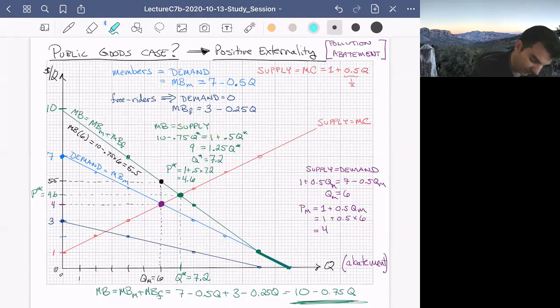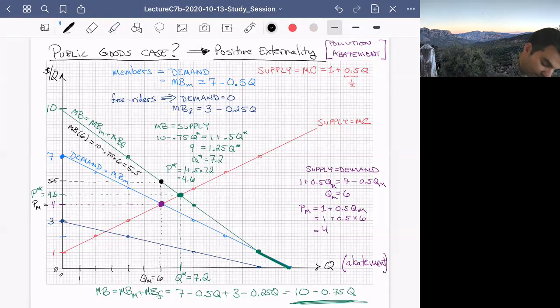So let's look at the market equilibrium. At the market equilibrium, I can say what is the consumer and the producer surplus. Remember that PM, the price at the market, is equal to 4.